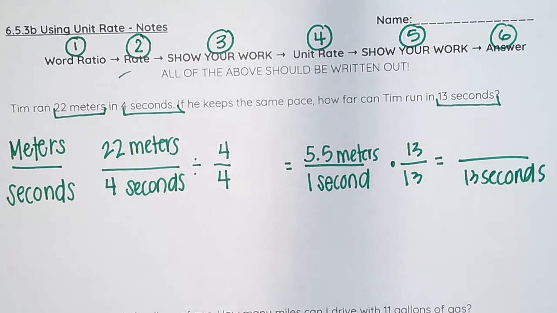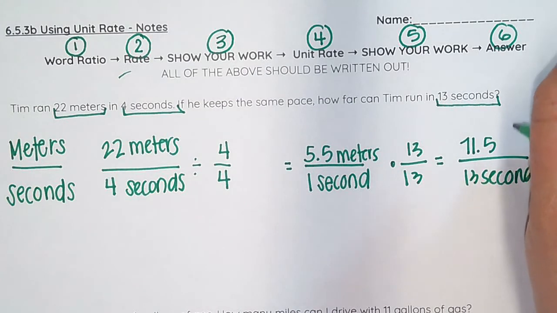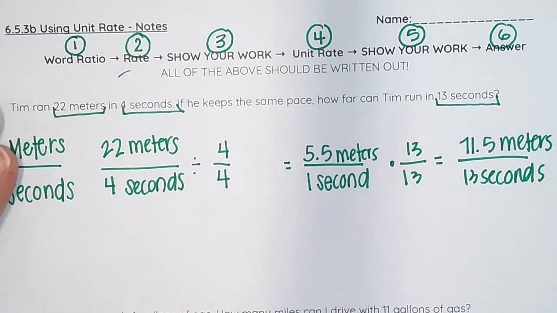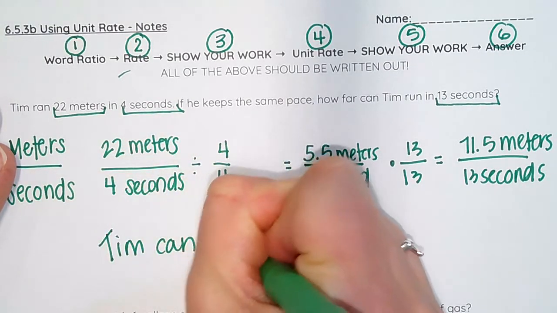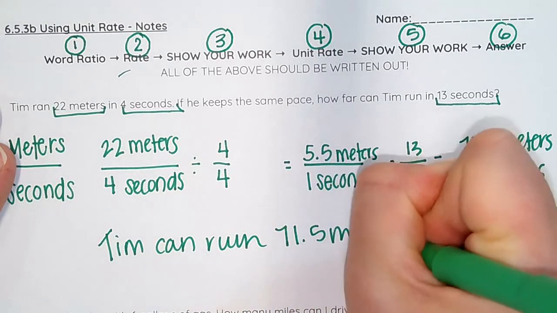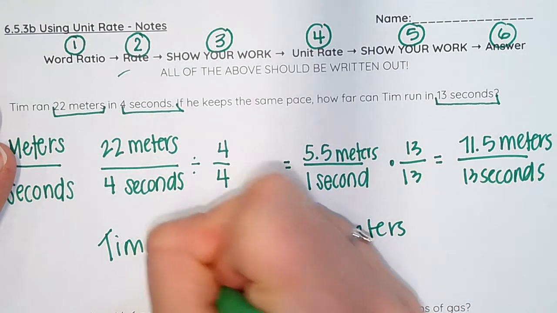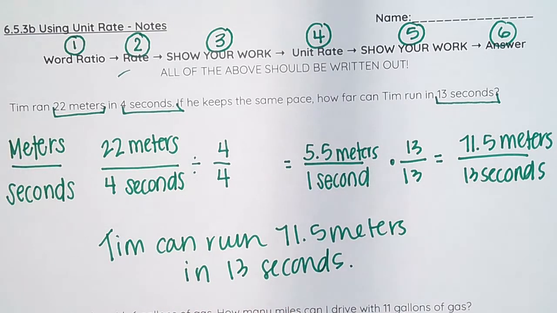And then I can multiply 5 and 5/10 by 13, which will get me 71 and 5/10 meters. So if he kept the same pace, Tim can run 71.5 meters in 13 seconds. Pretty speedy.